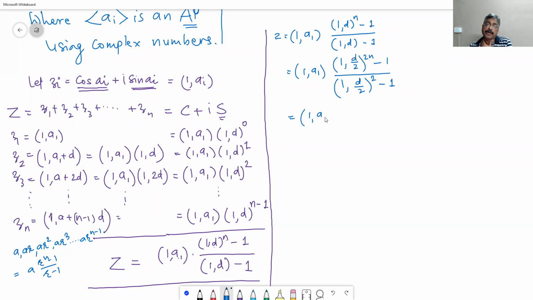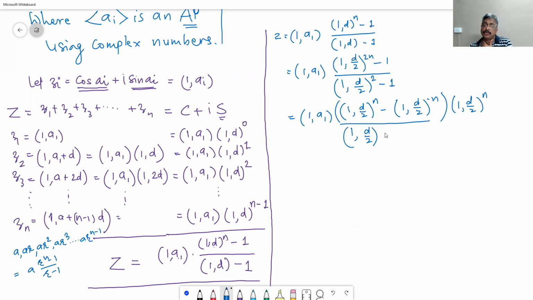Now we take out (1, d by 2) common: (1, d by 2) raised to n times [(1, d by 2) raised to n minus (1, d by 2) raised to minus n], upon (1, d by 2) times [(1, d by 2) minus (1, d by 2) raised to minus 1]. Do you understand up to here? Yes or no?